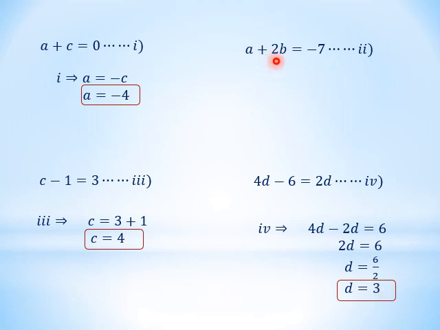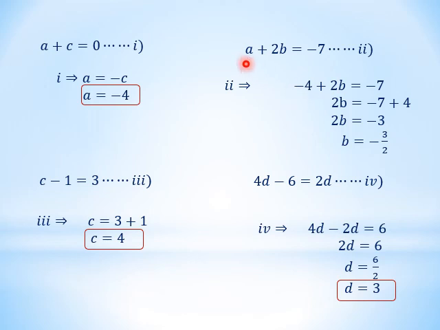Now A plus 2B equal to negative 7. Again, we have the value of A. So by substitution, A is equal to negative 4 here, we can get the value of B. Solve it. Negative 4, that is the value of A, I place it here.